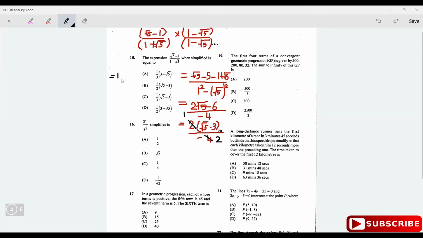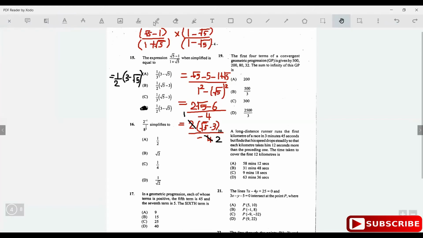And so what you get is a half times 3 minus root 5. So we look for a half of 3 minus root 5, which is option D. Nice.